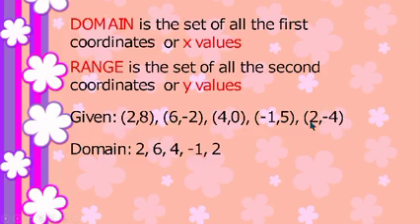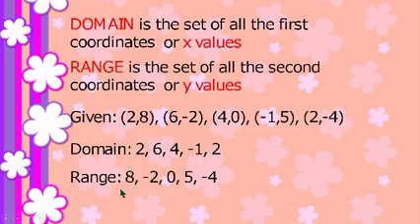The first coordinates, yung mga unang number or yung value ng x. Di ba kasi x and y yan, x ang nauuna, y yung pangalawa. So, ito yung ating domain. And our range, ayan, yung 8, negative 2, 0, 5, and negative 4. That is the range, and those are the values of y.